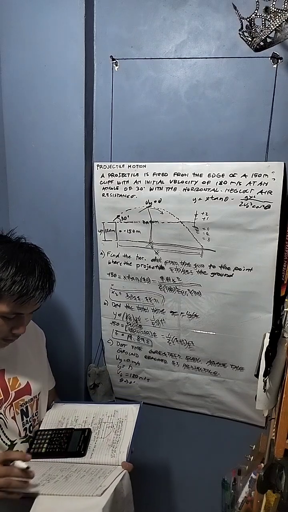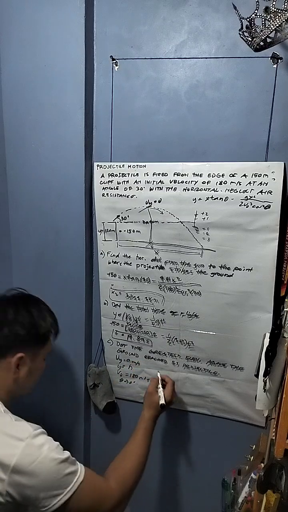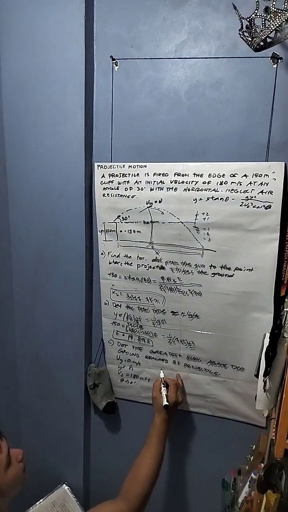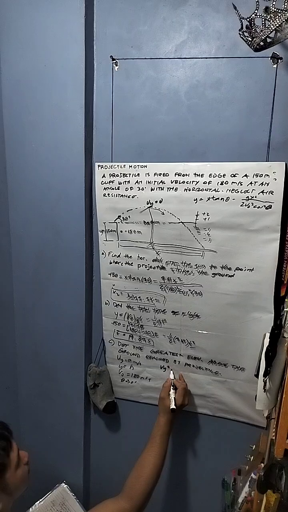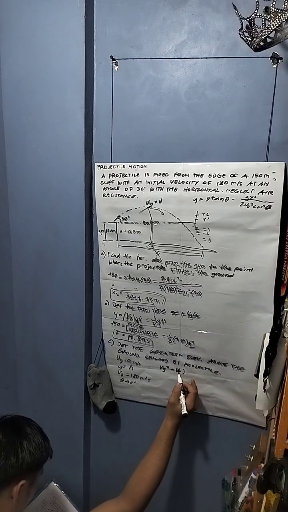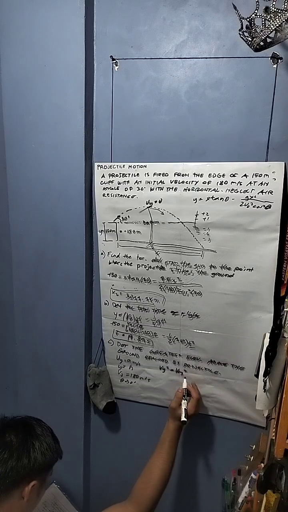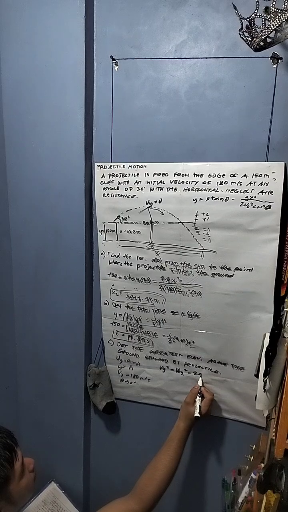Now we will use the vertical analysis formula. We have Vy squared is equal to V naught y squared minus 2gy.